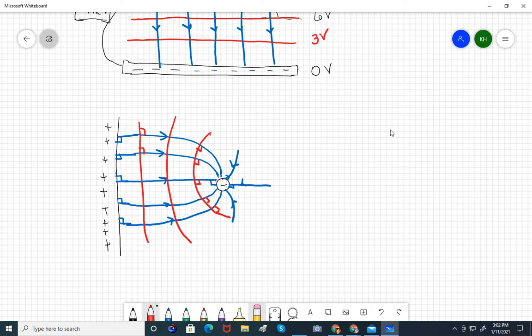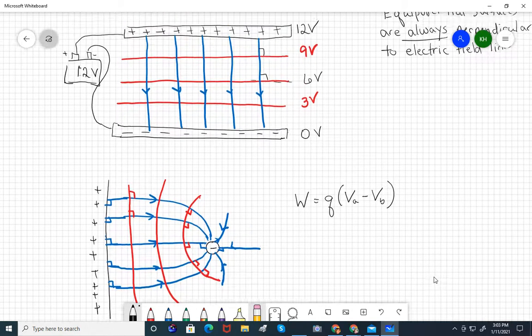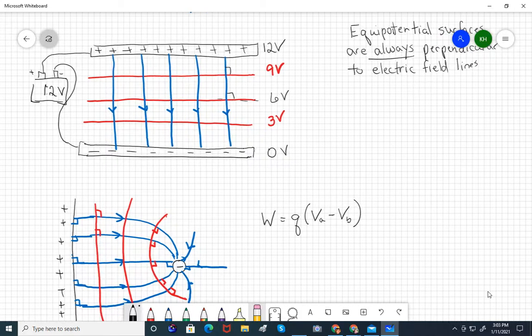It is a surface at which every point has the same potential. What does that mean? Well, we know that the work done on a charge can be found using this. Let's go back up here and look at this uniform electric field.